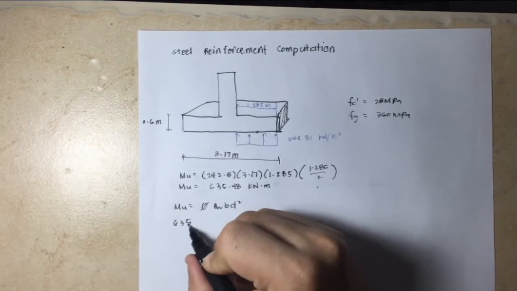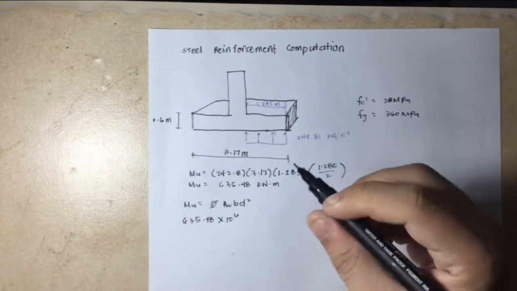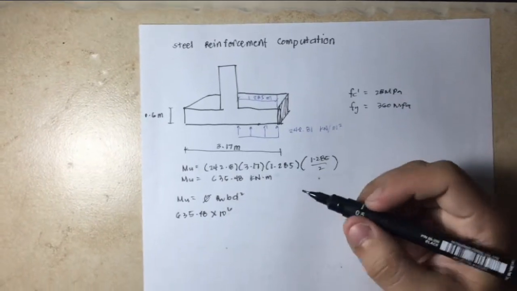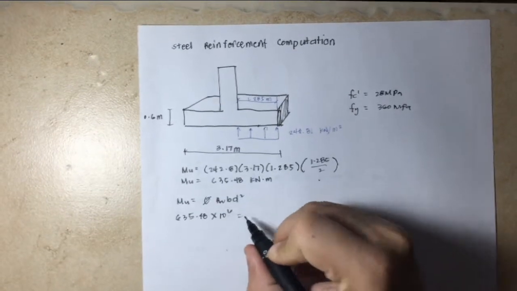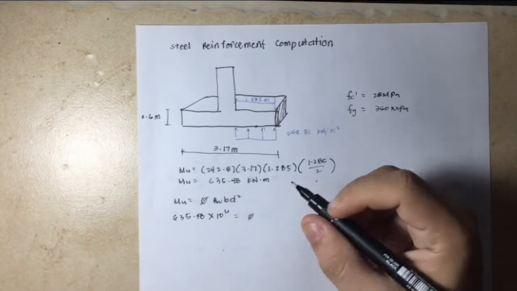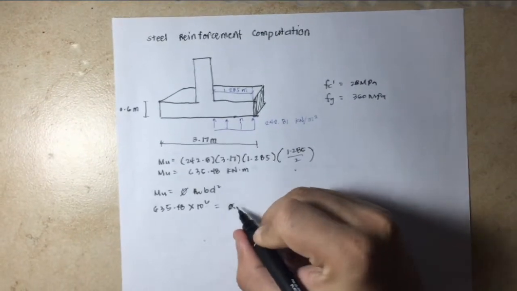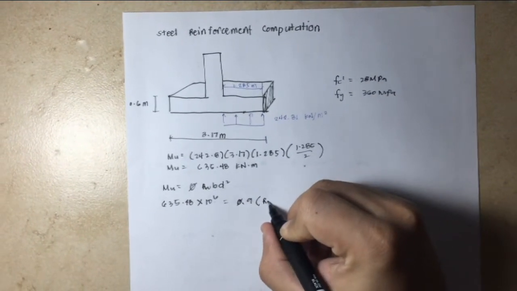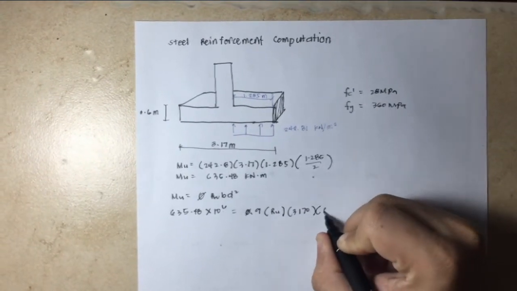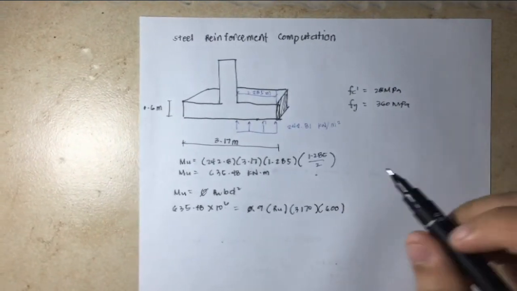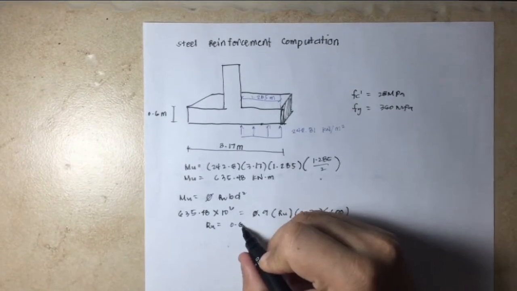Substituting 635.48 times 10 to the 6, which is the conversion for kilonewton to newton and meter to millimeter, equal to 0.9 Ru, the base is 3170 mm times 600 mm. Ru is equal to 0.62.